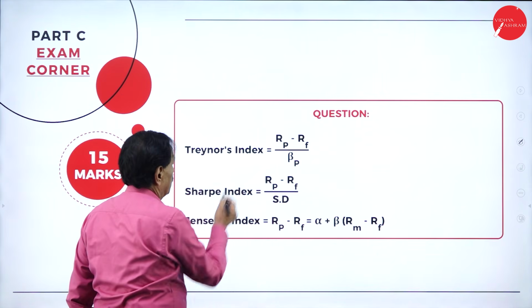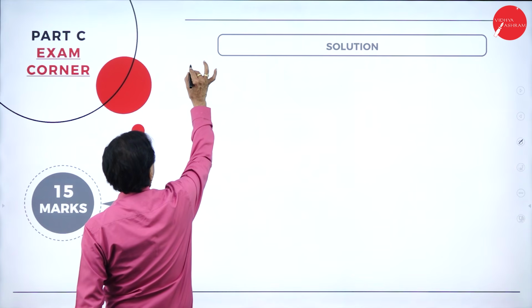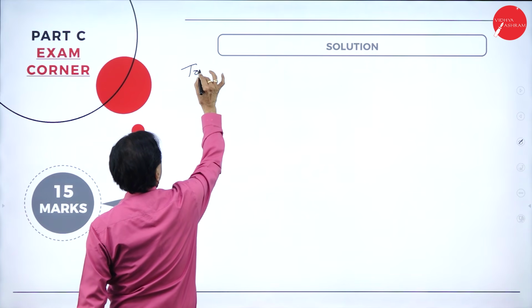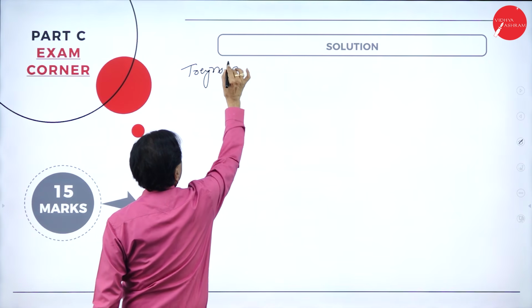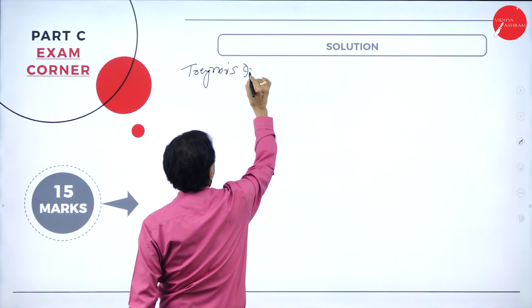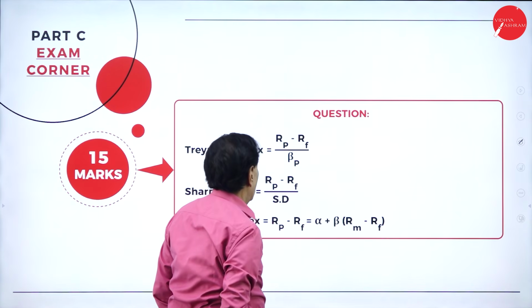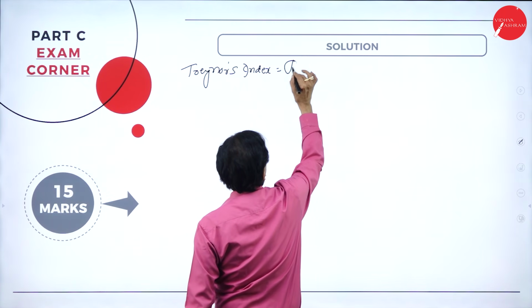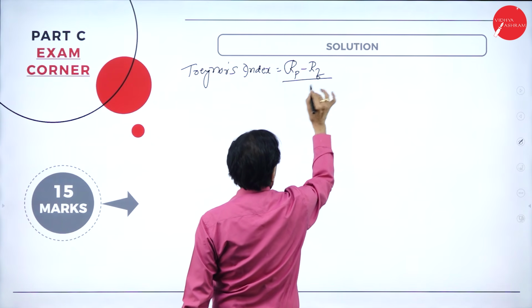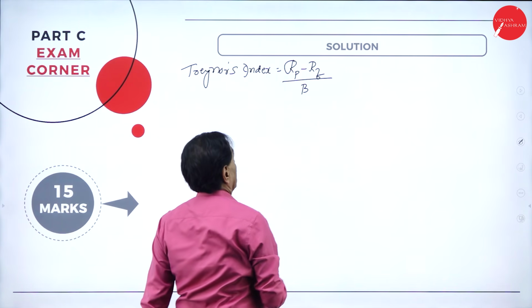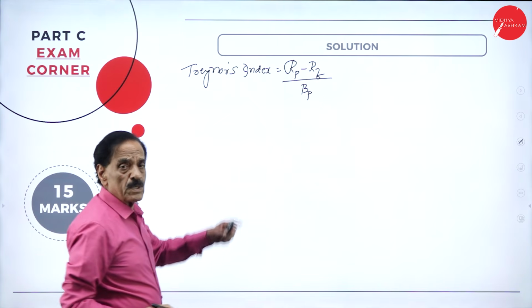Let's move on to Treynor's index. Your formula: RP minus RF divided by beta. This is the beta of the portfolio, P means portfolio.